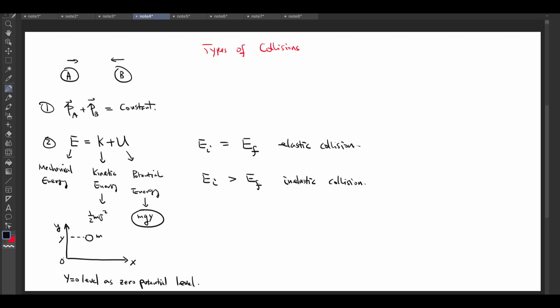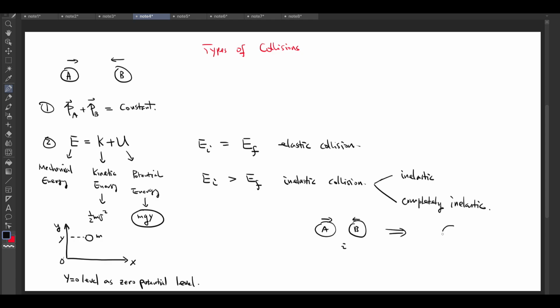Inside this inelastic collision, we also have two different categories. One is simply called inelastic, and the other one is called completely inelastic. So what's the difference between these two? Let's look at one example. Let's say there are two objects colliding. That's before, let's call this the I state, with velocities VA and VB.